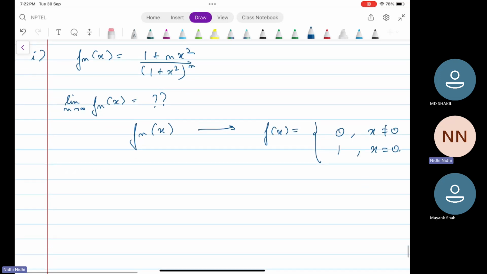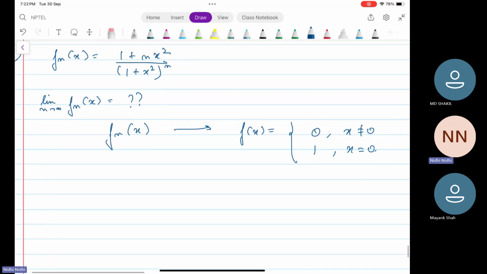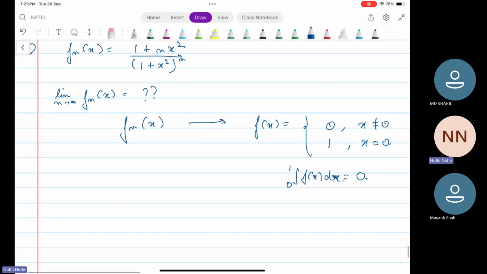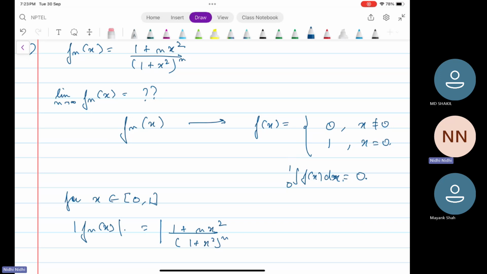And what about a dominating function? Clearly this is an integrable function. We know that obviously integral 0 to 1 of f(x) dx would be 0, because that one point doesn't matter. Then next we need to find some dominating function. For x belonging to the closed interval 0 to 1, mod fn(x) equals mod (1 plus n x square) upon (1 plus x square) to the power n.